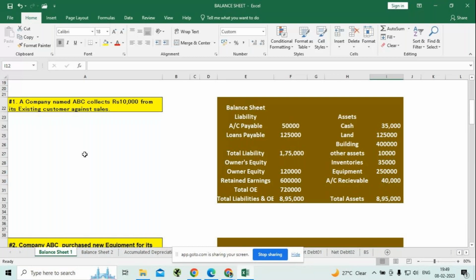So ABC company is collecting 10,000. That means it is receiving 10,000 rupees, the amount which was supposed to be paid by its debtors, that is the customer against the sales. So where is this amount going to get affected in the balance sheet?